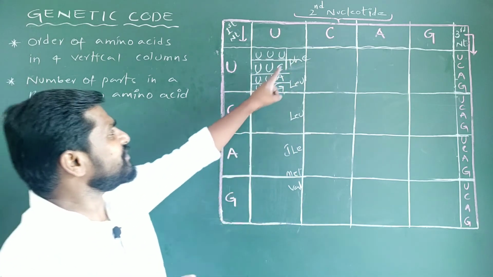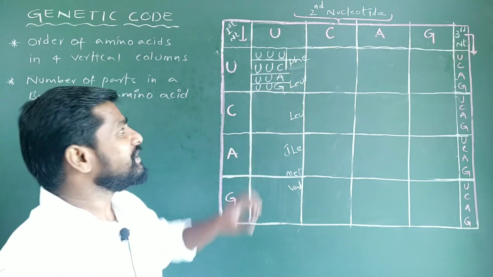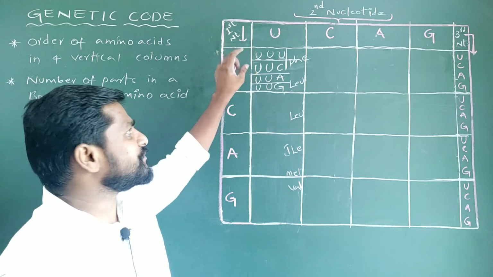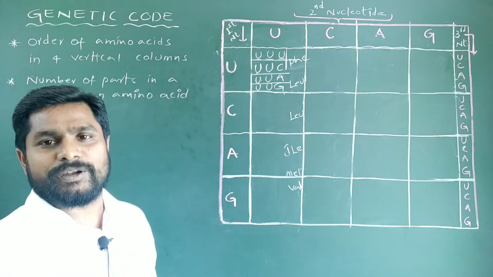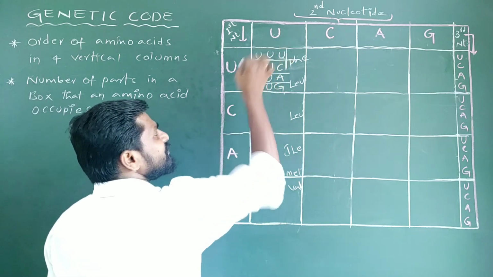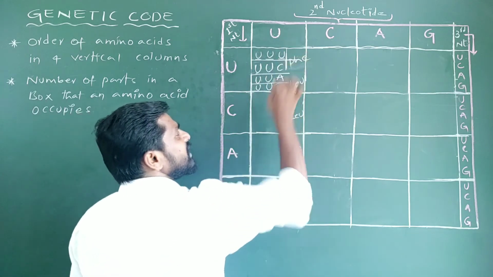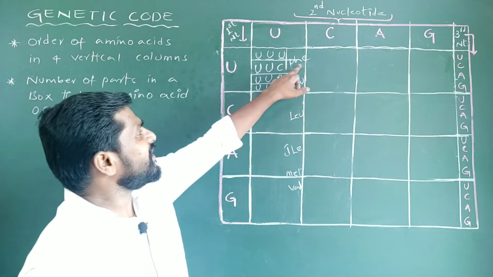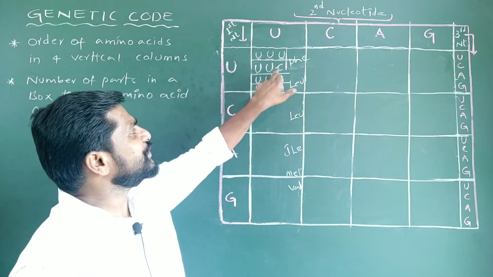Here the amino acid phenylalanine is occupying the first 2 parts, or the first half of this first box of first vertical column, which means the first 2 triplet codons of this box are coding for the amino acid phenylalanine. What are the triplet codons coding for phenylalanine? UUU, UUC.